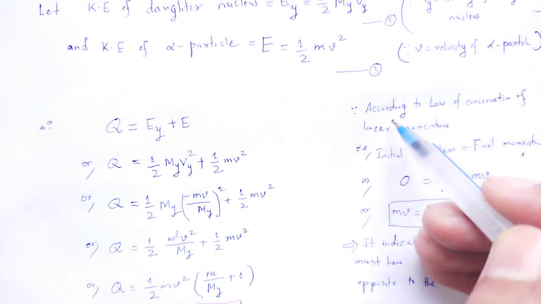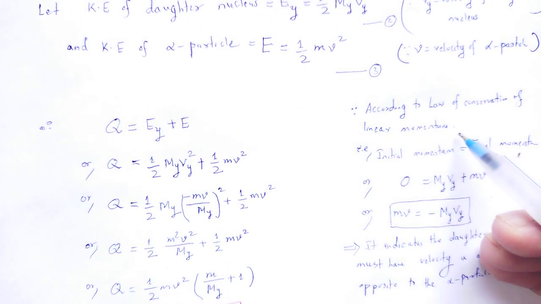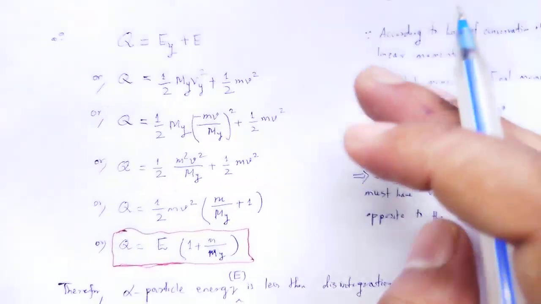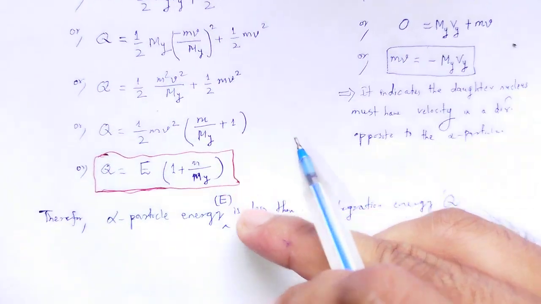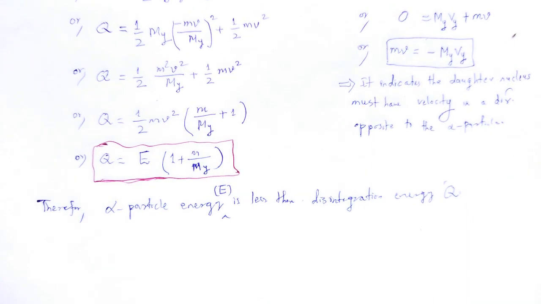Here we use the law of conservation of linear momentum, and finally we get the energy released during alpha decay.